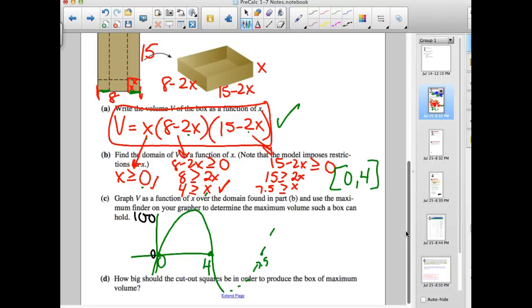Now it says, use the maximum finder on your grapher to determine what that maximum value would be. So we're going to go in and say we want to find a max. We need to set a left and right bound. Remember doing that? Saying look in between these? Take a minute and do that.